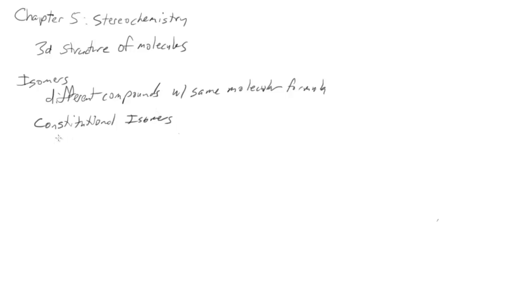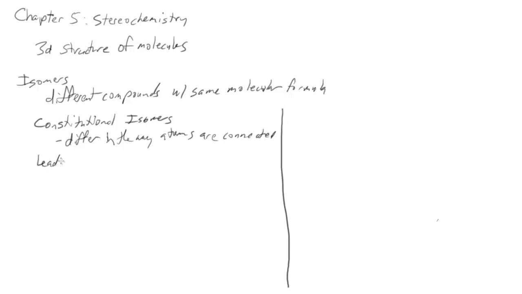Constitutional isomers, the definition of them is that they differ in the way atoms are connected. And that leads to different names of our compounds.